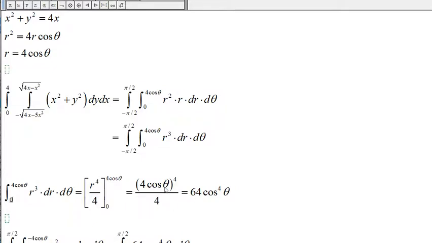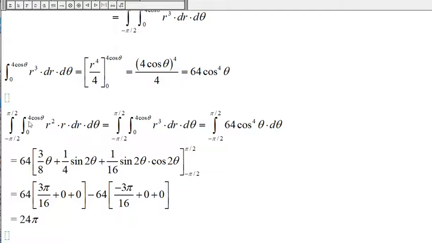And we get cosine to the fourth of theta. And when r is 0, we just have 0. So the inside integral is 64 cosine to the fourth of theta.